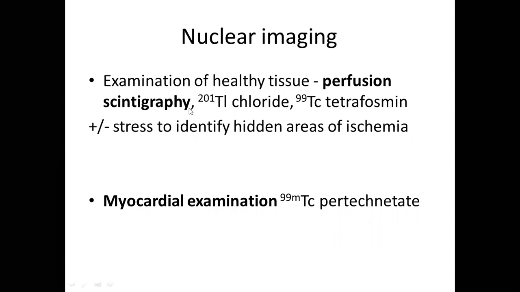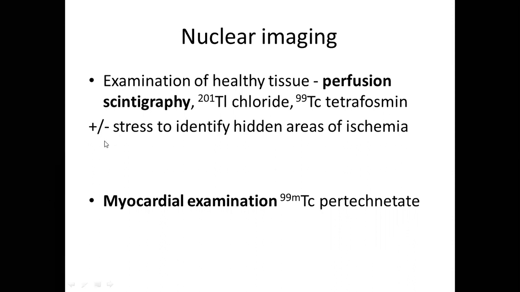Another very important technique is nuclear imaging. So in the cardiovascular system, we can make two types. The first one is perfusion scintigraphy with thallium chloride or technetium tetrofosmin. Perfusion means how well your tissue is supplied by blood flow, like how efficient the vascularization is in the myocardium.